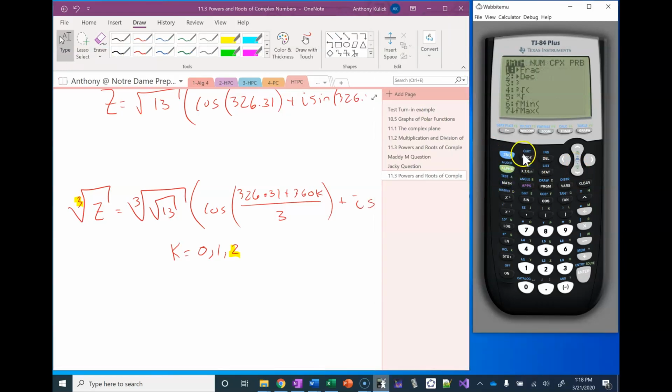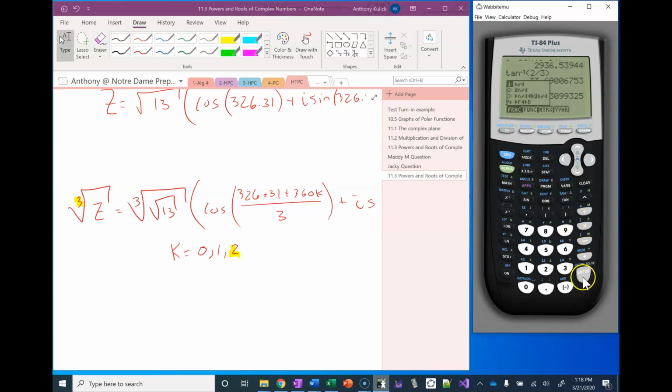All right, so math, and then to get my cube root, I'm going to go down to command 4, and then cube root of square root 13. Some of you might have recognized that that's just a 6th root. You could do that too. No big deal. And then I'm going to do times the cosine of, and then I'm going to pick the fraction command.